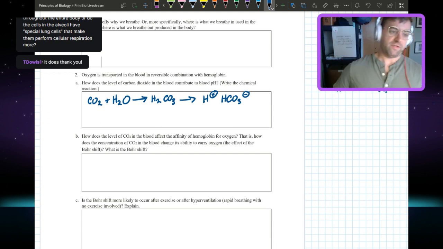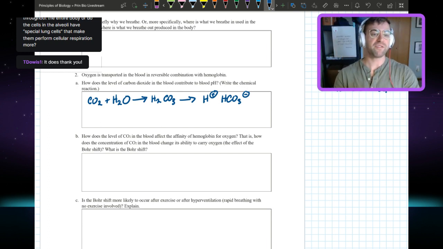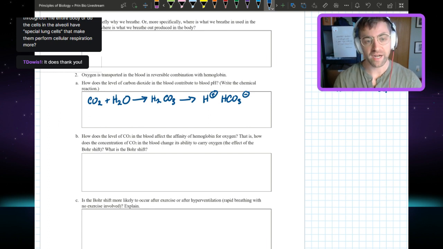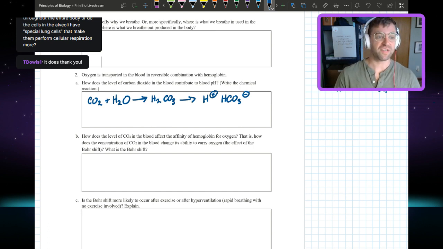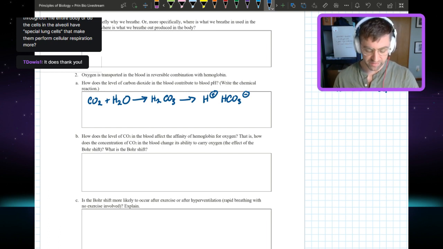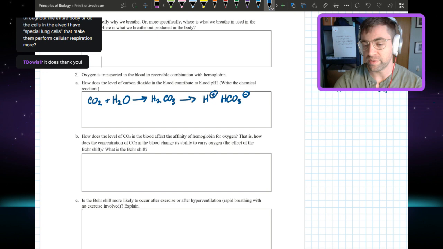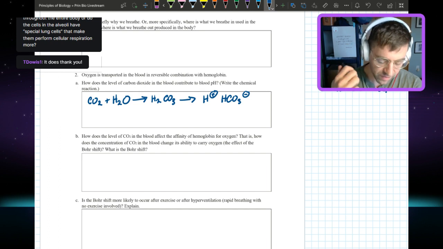Part B: how does the level of CO2 in the blood affect the affinity of hemoglobin for oxygen? That is, how does the concentration of CO2 in the blood change its ability to carry oxygen, what is the effect of the Bohr shift, and what is the Bohr shift? Hemoglobin's job is transporting oxygen around the body.